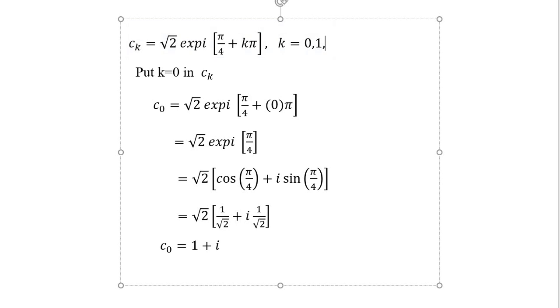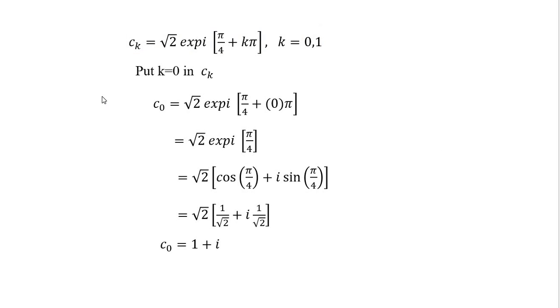So we get C0 value. C0 equal to square root of 2 into exponential of i into pi by 4 plus 0. So that is square root of 2 into exponential of i pi by 4, so square root of 2 into cos pi by 4 plus i sin pi by 4.